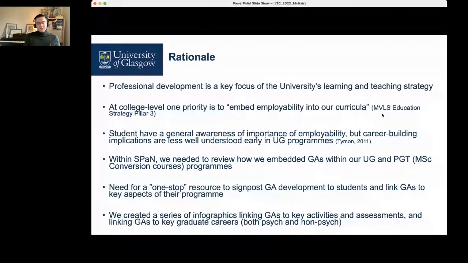And we did this in terms of careers for both psychology careers, because a lot of our students do want to pursue careers as either a practitioner or researcher in psychology. But we also have a lot of students who want to take their psychology degree and go into related fields. So we cater for both pathways.